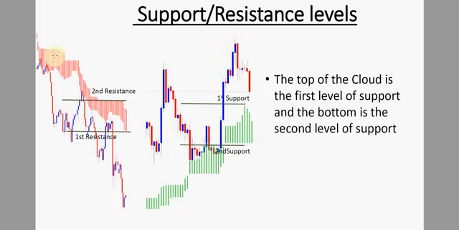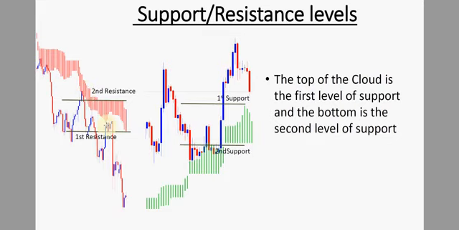In a downtrend it is the same scenario, but leading span A is now below, and leading span B is now above. So price touches the cloud and bounces back, touches the cloud and bounces back, and this has become a resistance for this price.